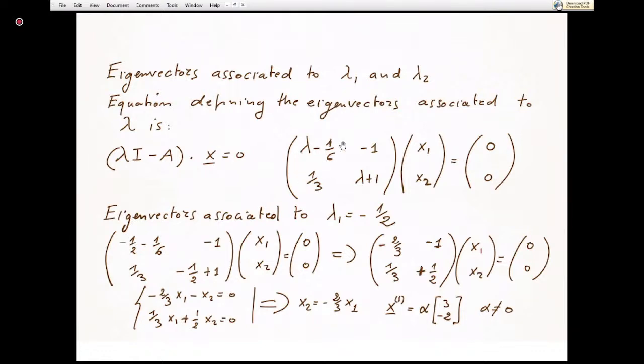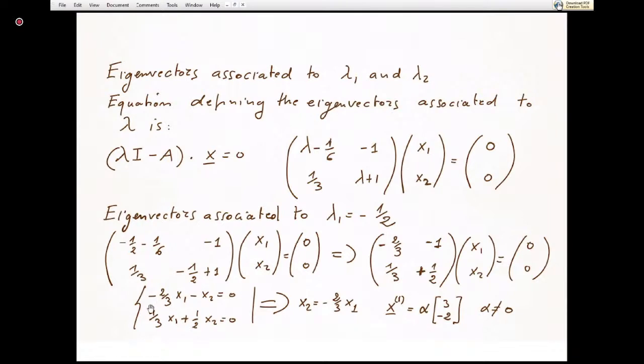So lambda identity minus A is this one, like the previous exercise, times x1, x2 equal to 0, 0. If you put minus 1/2 here and here, you get this matrix. If you write down the system, you obtain minus 2/3 x1 minus x2 equal to 0. And the second equation is 1/3 x1 plus 1/2 x2 equal to 0. Basically, the second equation is the previous equation multiplied by minus 1/2.